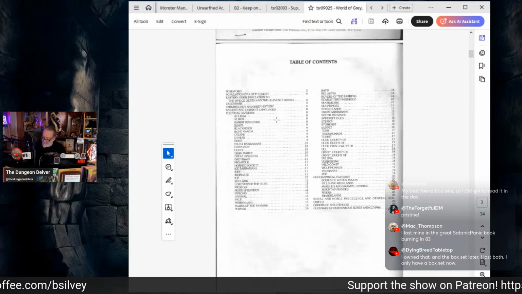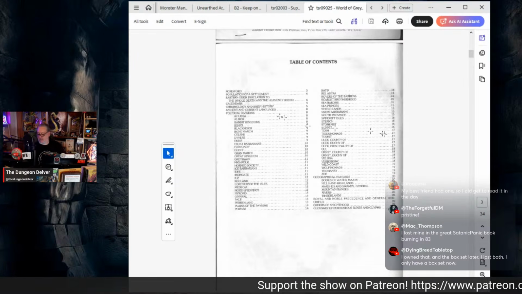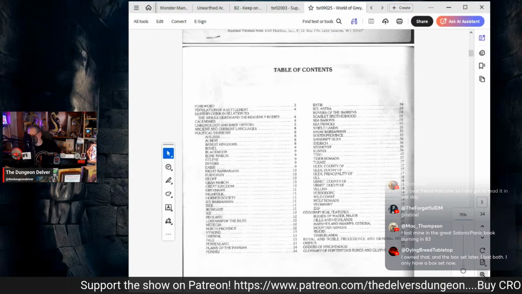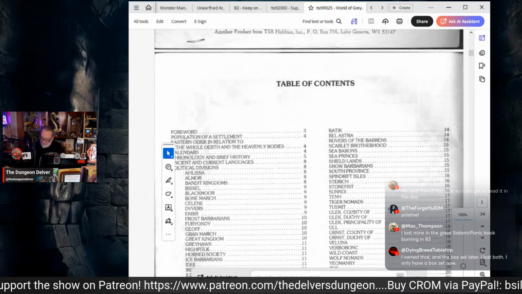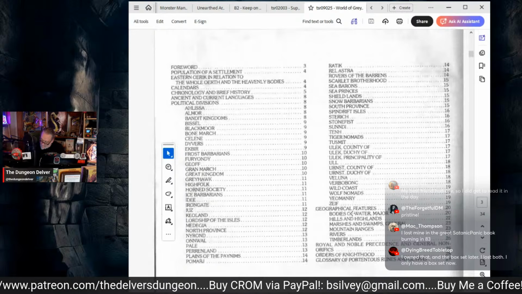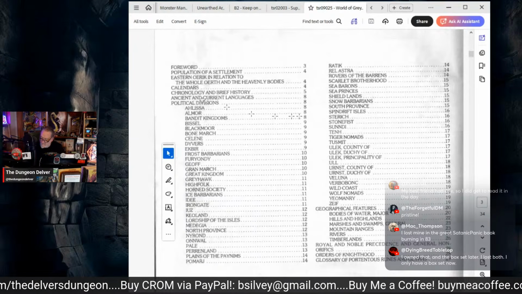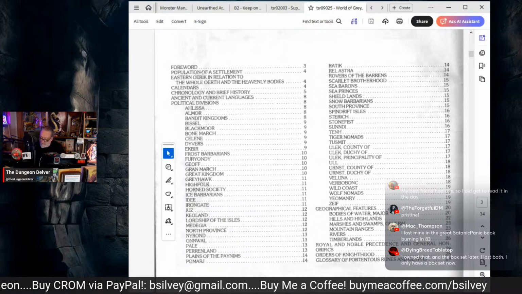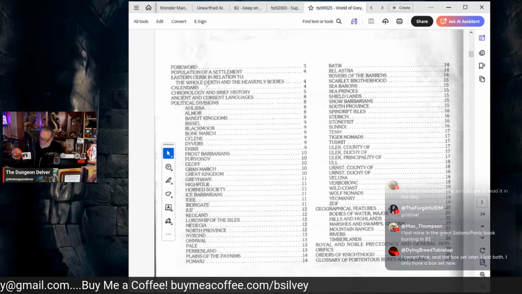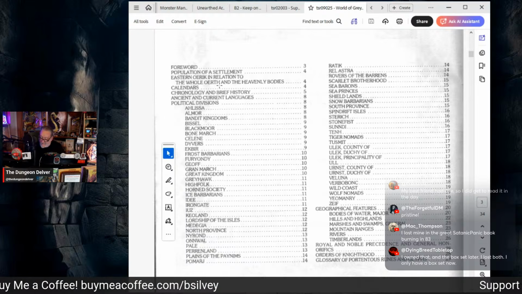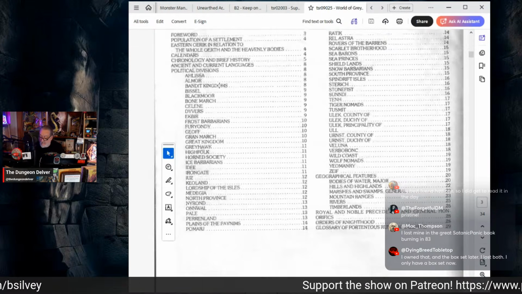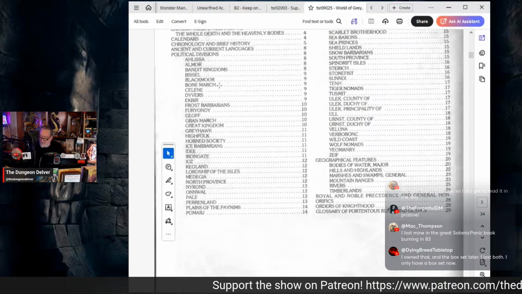And what a piece of work this is. We're going to zoom in a little bit. All these detailed kingdoms. The foreword, population of a settlement, Eastern Oerik in relation to the whole earth and heavenly bodies, calendars, chronology and history, ancient and current languages, political divisions.